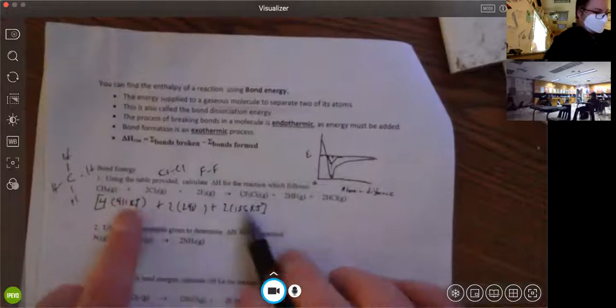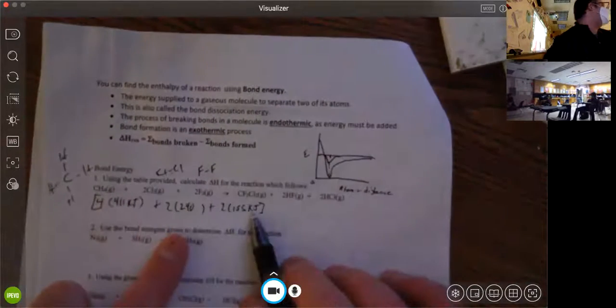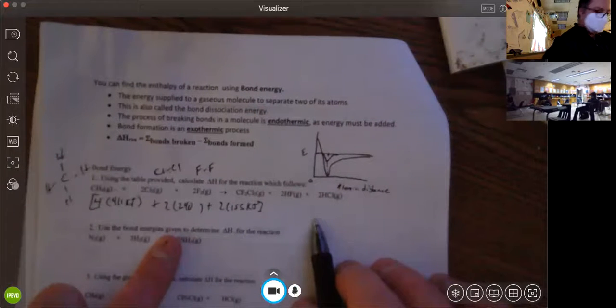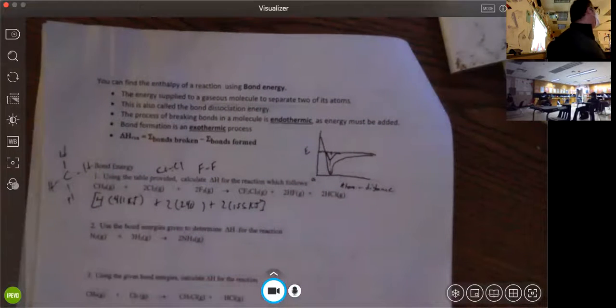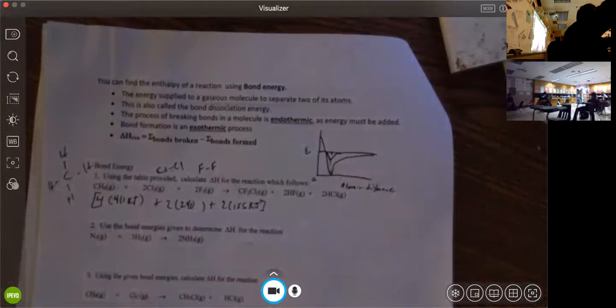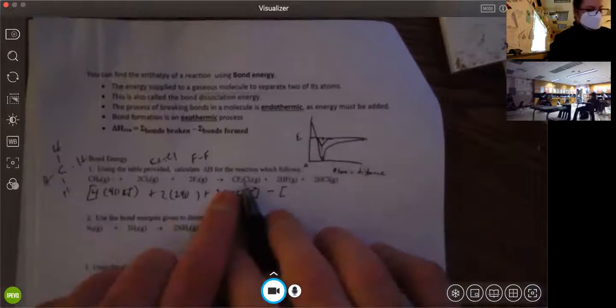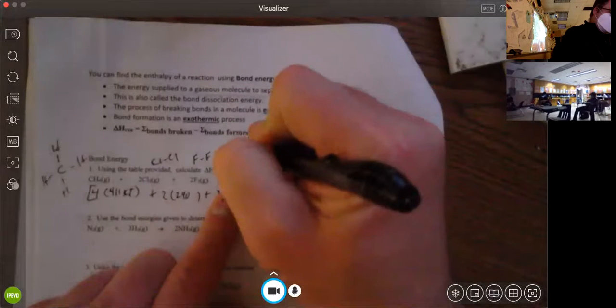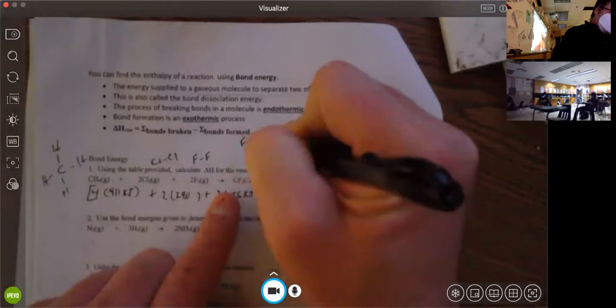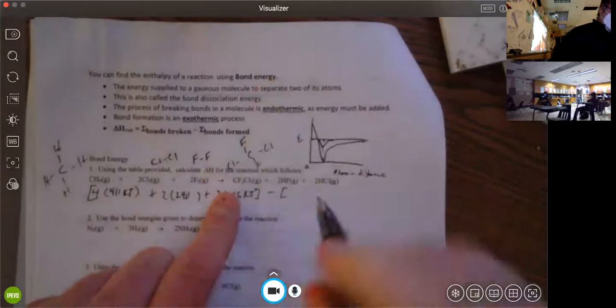Now, that's the energy required to break all these bonds. When we reform them, we now need to subtract the energy of the reformed bonds, and that will tell us how much energy is available. So I have CF2Cl2. So I have 2 CF bonds.